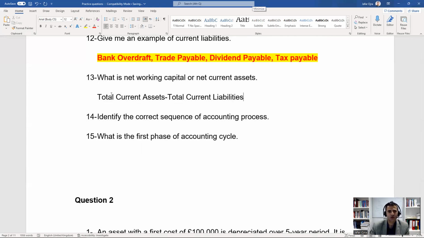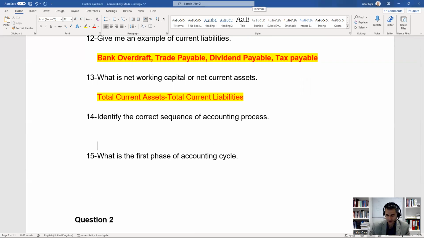That gives you the net working capital. Right, guys? Okay. Here we go. Excellent. Net working capital or net current assets equals total current assets minus total current liabilities.